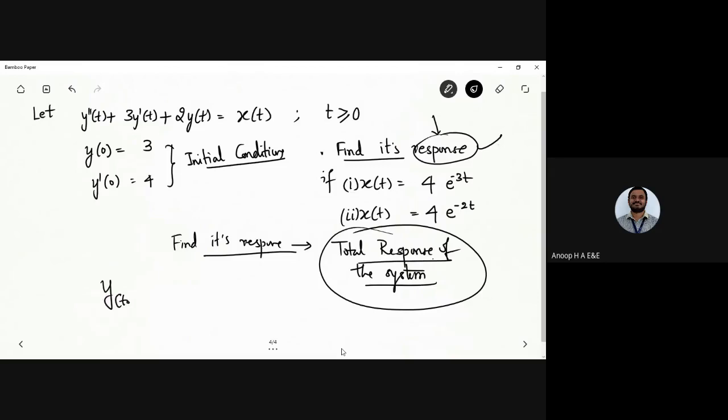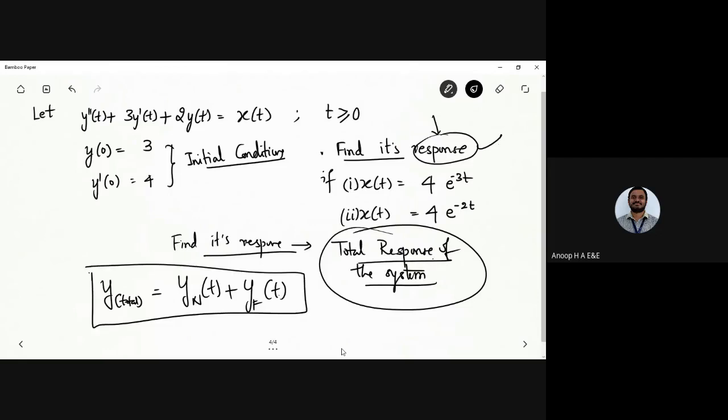So y total, you have to find it out as yn of t plus yf of t. That's how you can calculate the total response of the system.